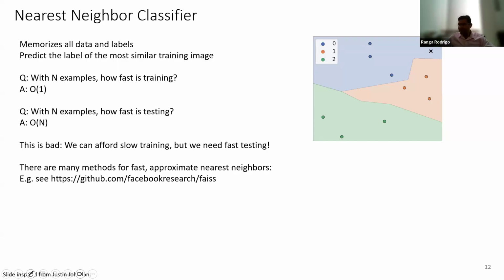Some people are answering by distance measurement. Some person says, yeah, that is correct. What are the other answers? Can we have some answers?